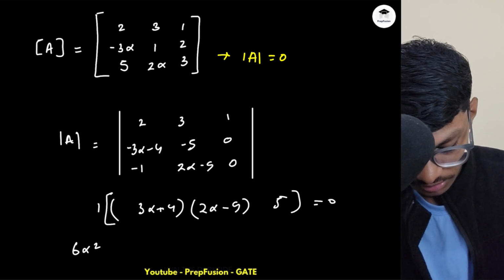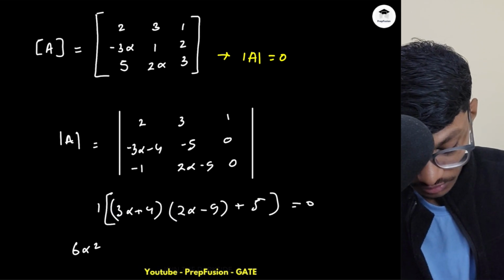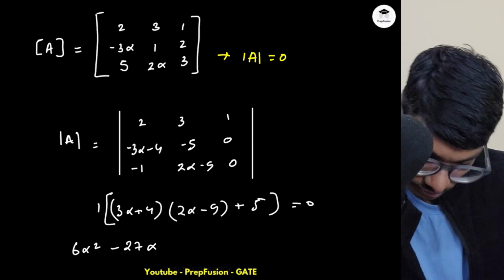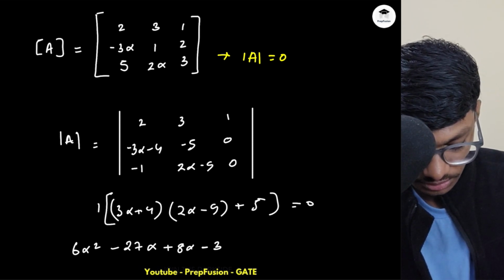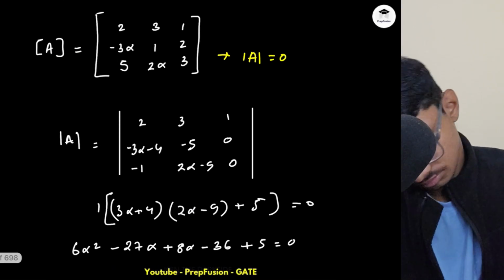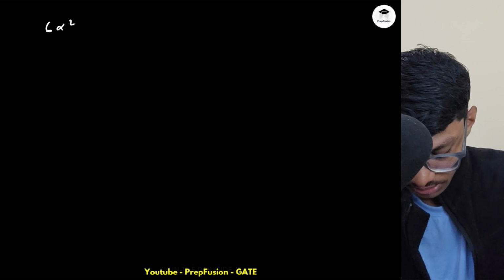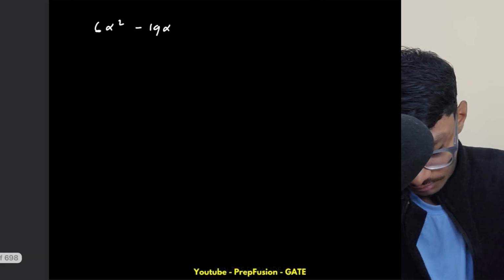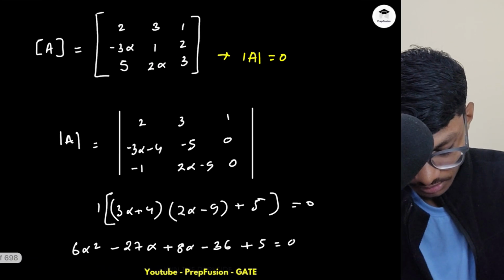This will be plus, this will be plus, this will be plus. 6 alpha square minus 27 alpha plus 8 alpha minus 36 plus 5 equal to 0. Now this will be 6 alpha square minus 19 alpha minus 31 equal to 0.